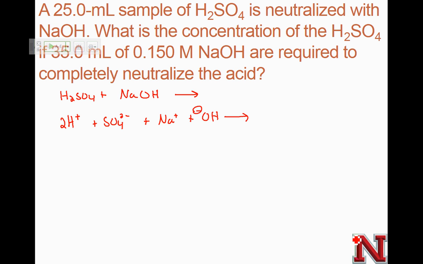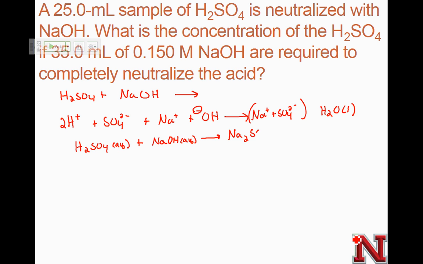So exchanging our ions, we get, of course, water, because it's an acid-base equation. And we have to balance that. So we have SO4 2 minus and Na plus. So that's Na2SO4.